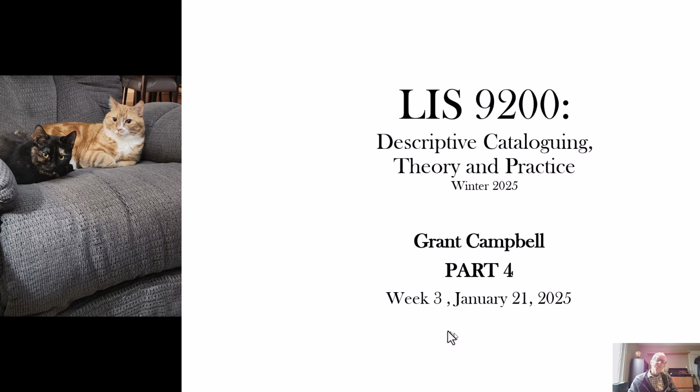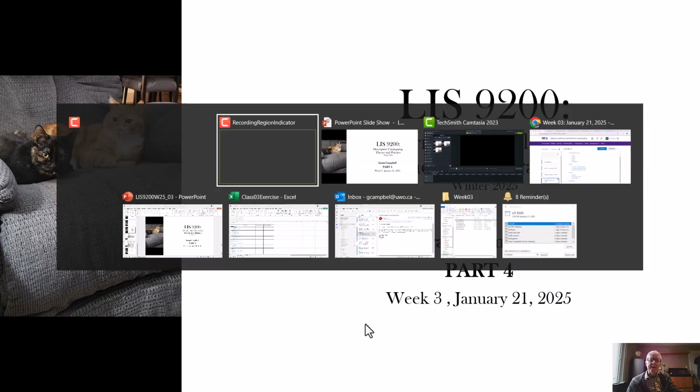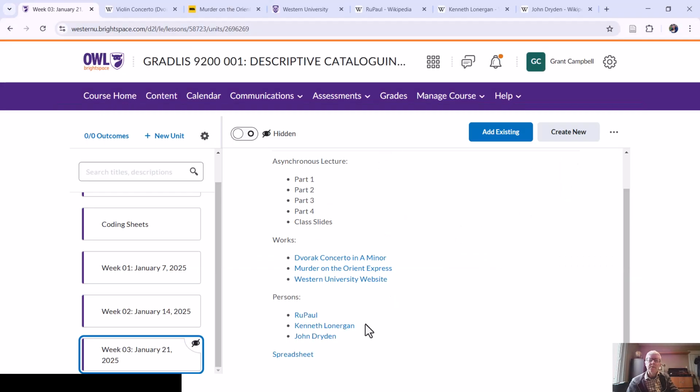Now, I'd like you to assume that you are responsible for assembling an application profile for a large public library system. I've created links to websites for 3 works and 3 persons.